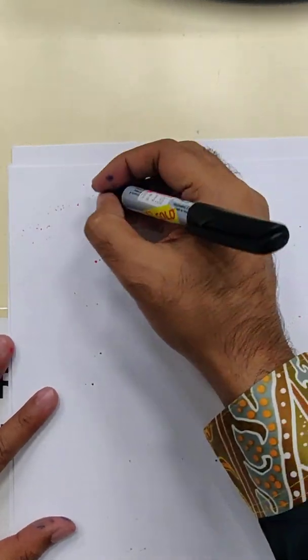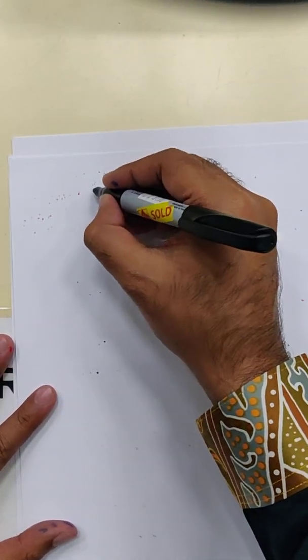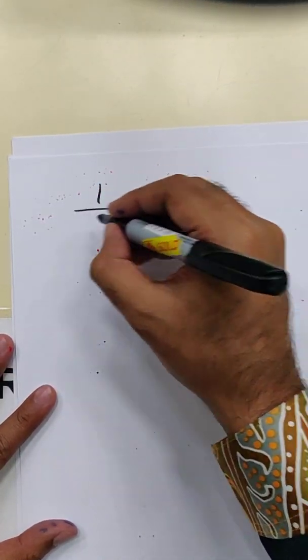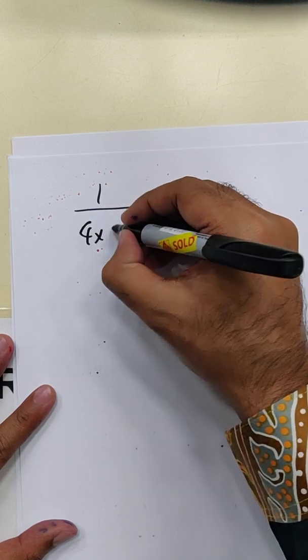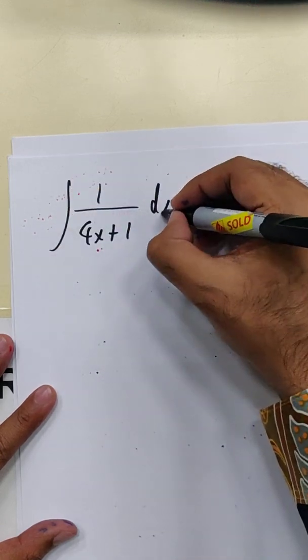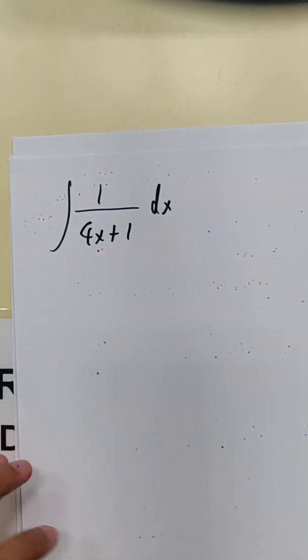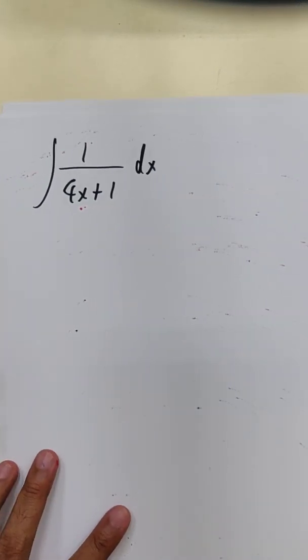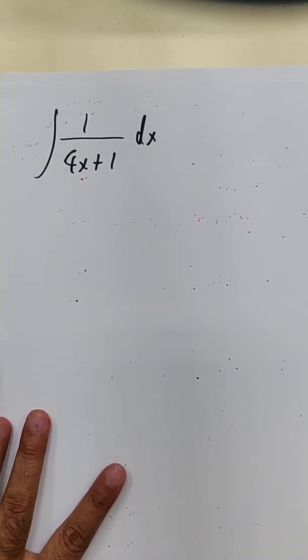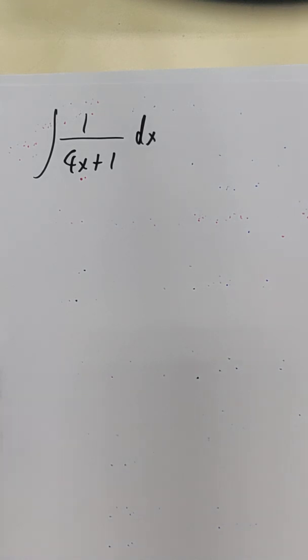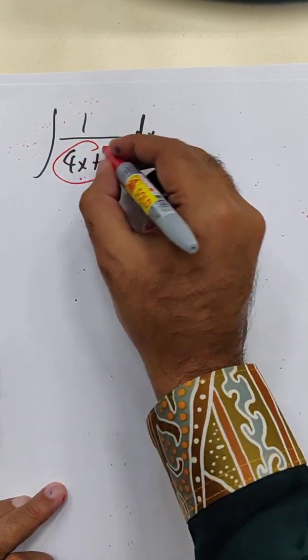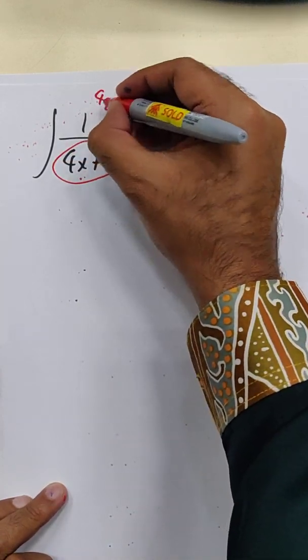Okay, let's start with something simple. Okay, a bit of practice. What about this? Differentiate deno, what do we get? 4.